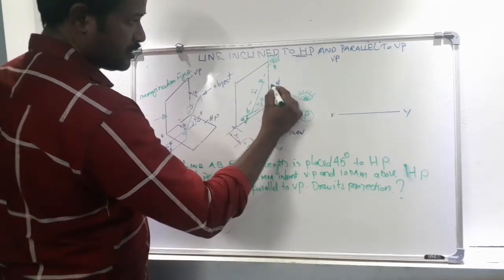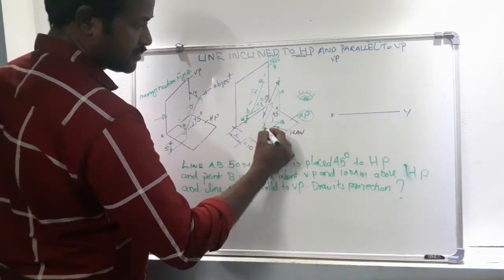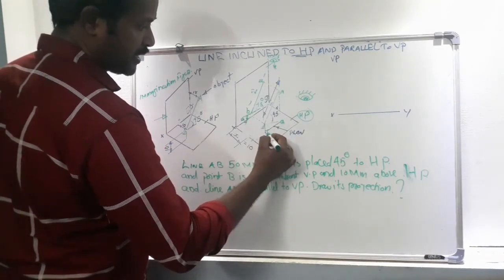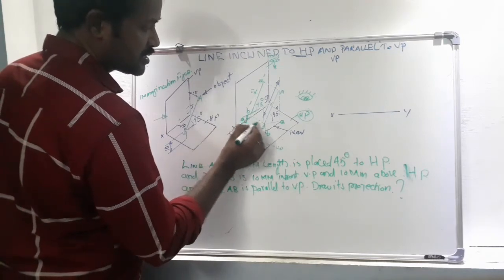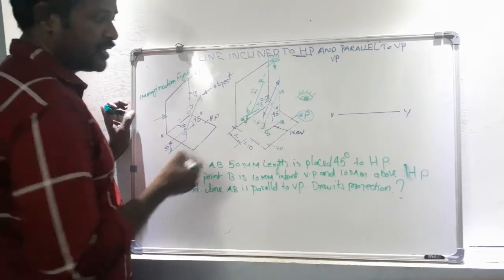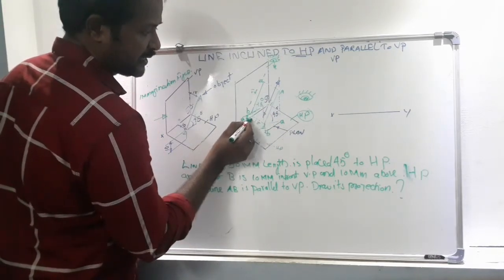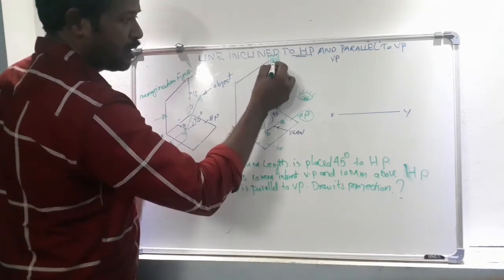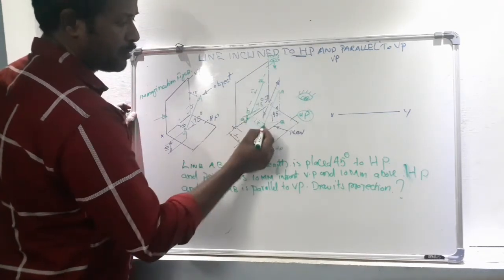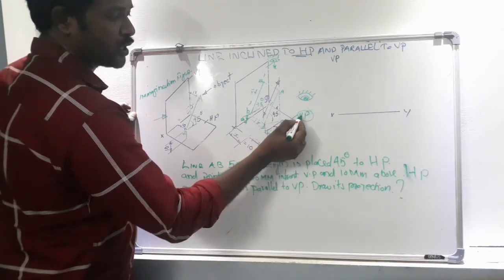Similarly, he has to project point B. Then B becomes small letter b, keeping this 10 mm distance. That means with respect to the reference line, keeping 10 mm distance, we project points A and B on the horizontal plane.